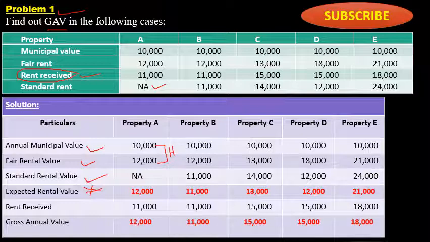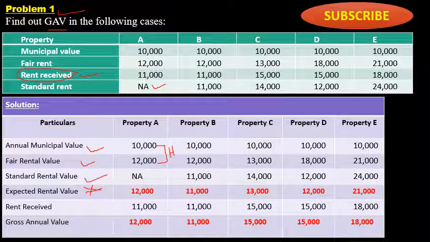So 12,000 is the highest, therefore 12,000 is the expected rental value. Here standard rent is not applicable. Whenever the standard rent is not applicable, the higher of municipal value or fair rental value is the expected rental value.